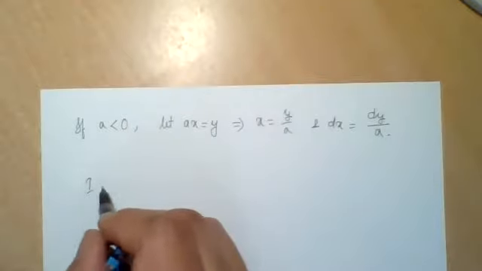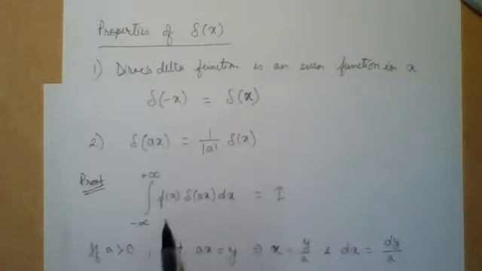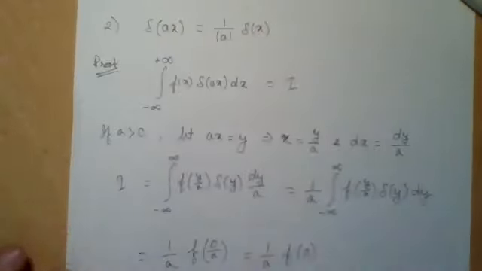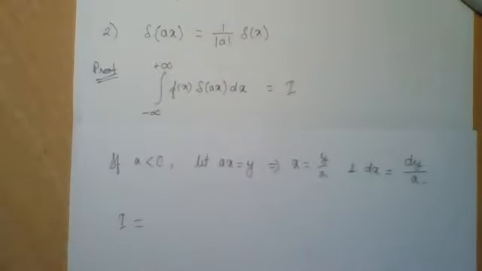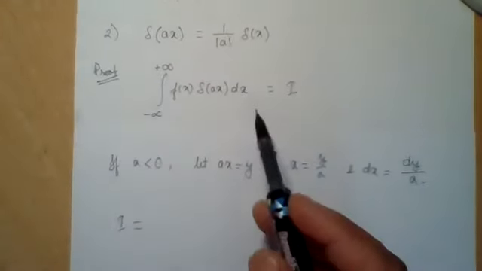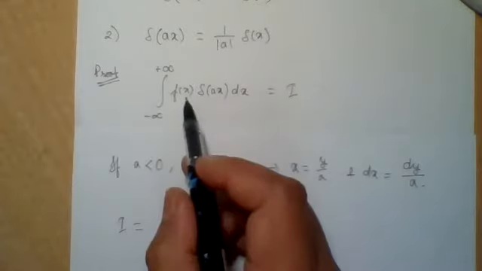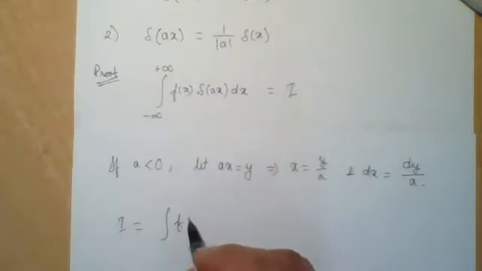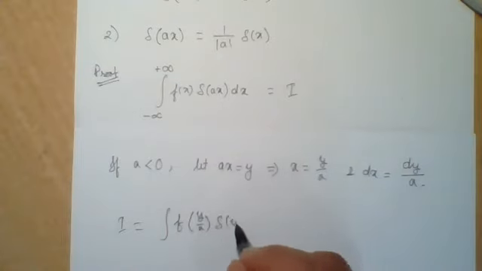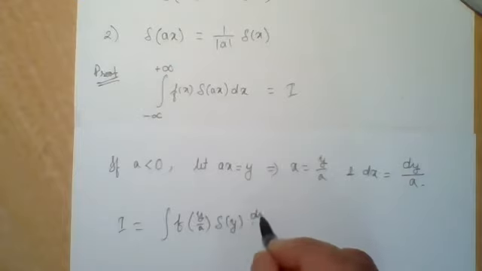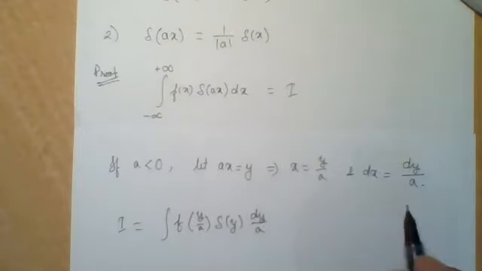Then the integral I, what is the integral? The integral is this. So let me write it down here. This integral I is integral f of x, x is y by a, f of y by a delta y, now dy by a.